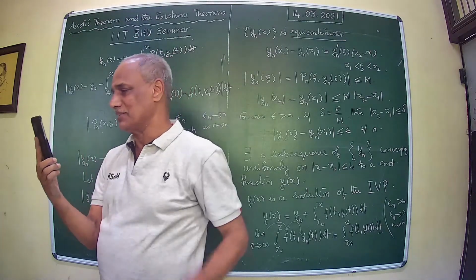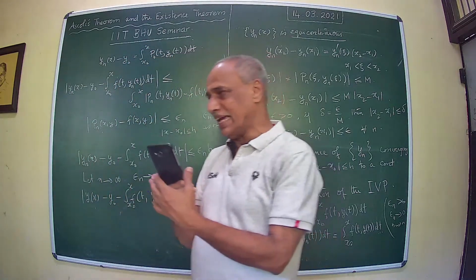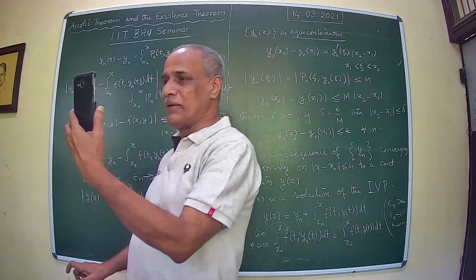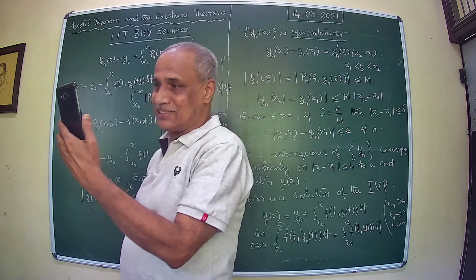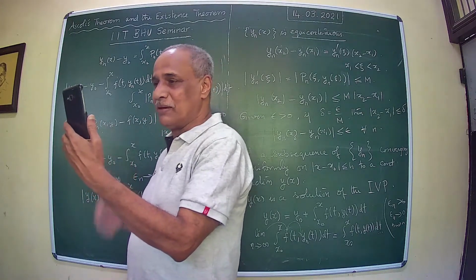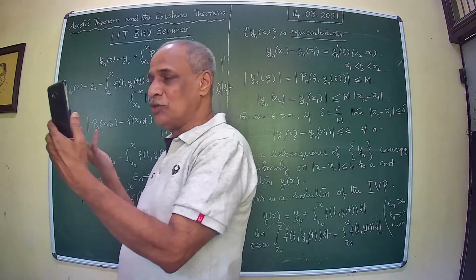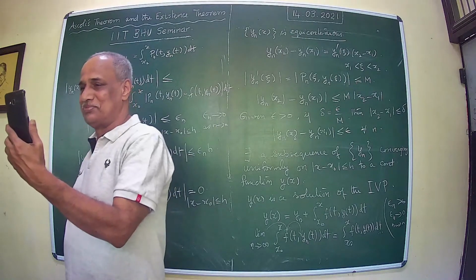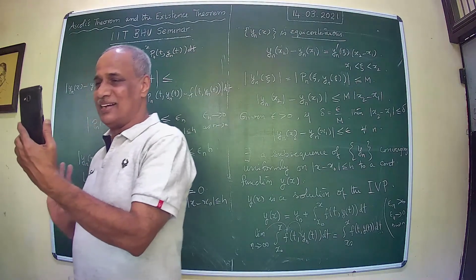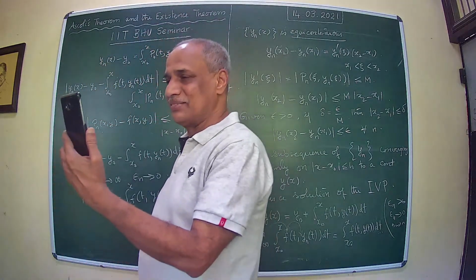This is the point. You can take this function approximated by polynomials which are smooth functions, even analytic, whereas your function may be assumed to be only continuous in the two variables. That's the advantage that you get.